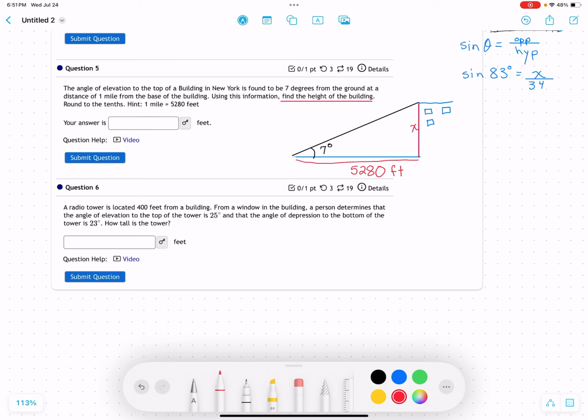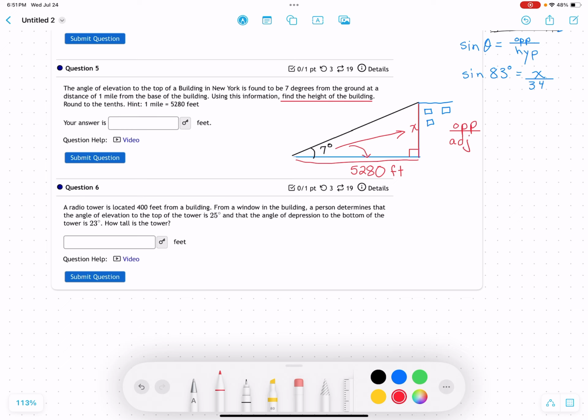So from 7 degrees, I've got the opposite of the angle 7 degrees, and I again have, what is this? Here's the 90-degree angle. So this guy is the adjacent leg. So I've got the opposite leg and the adjacent leg.